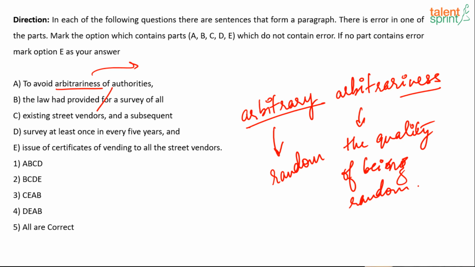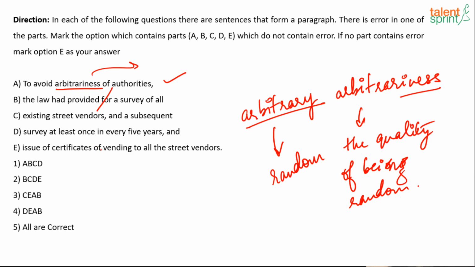So I've read the statement. Where is the error? So to avoid arbitrariness of authorities, that is fine. So A is absolutely fine.